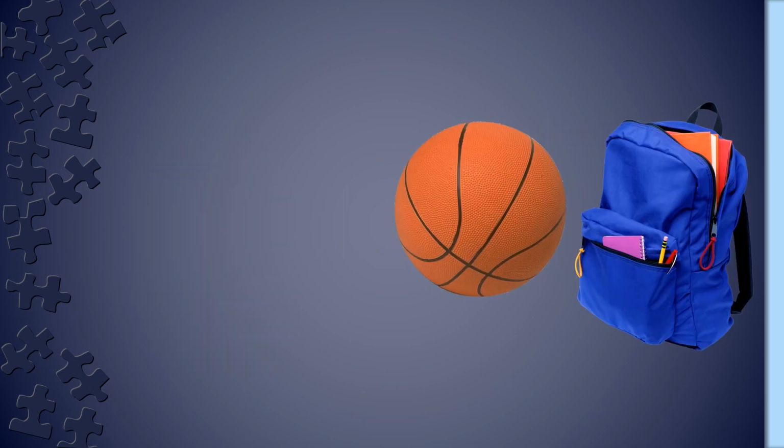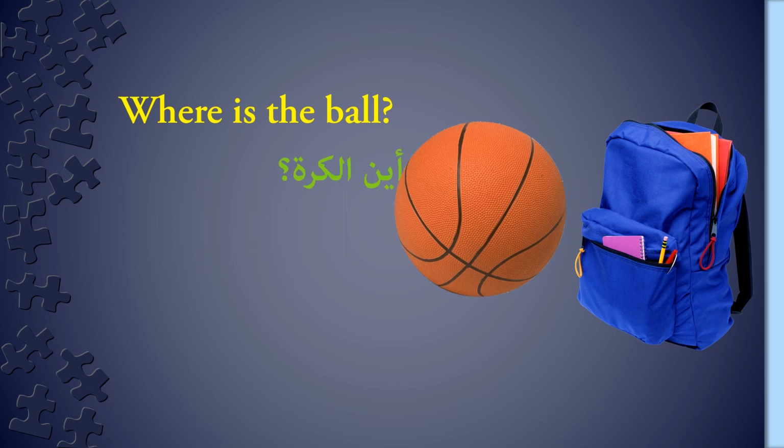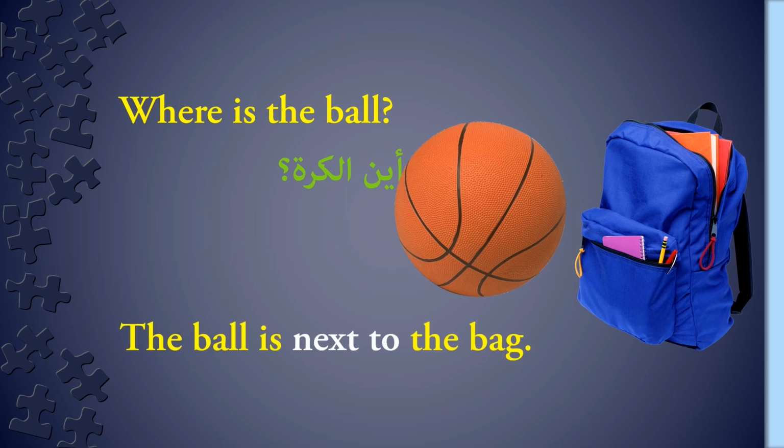إذن دابا غادي نشوفو الكرة بالنسبة للمحفظة. Where is the ball؟ كنعاودها. Where is the ball؟ هي أين الكرة؟ The ball is next to the bag. The ball يعني بشوية علينا.